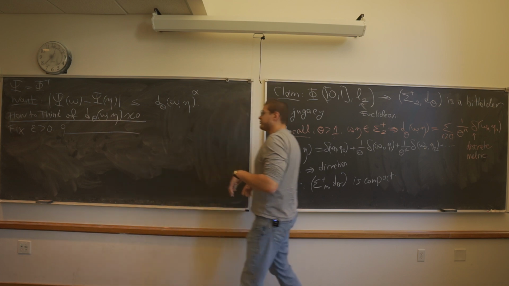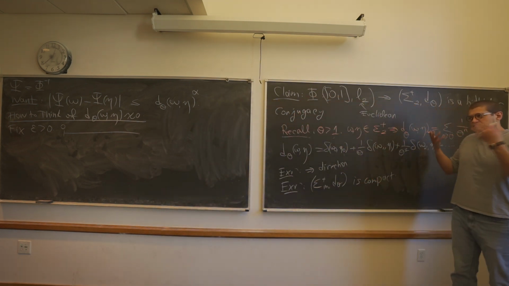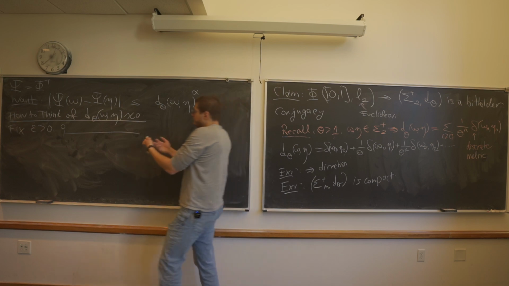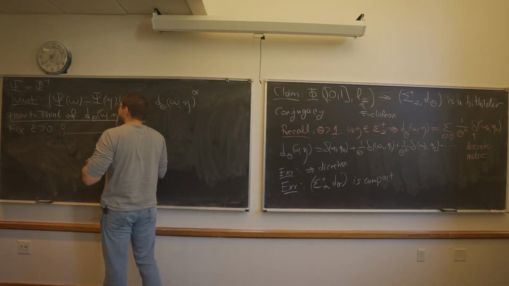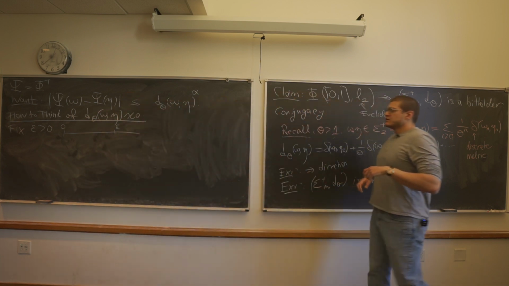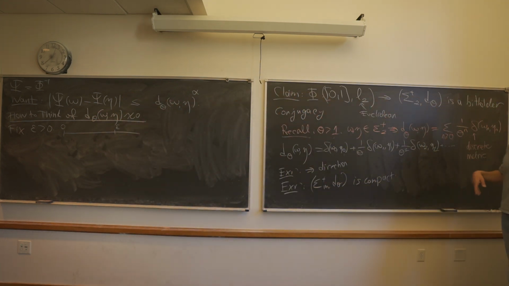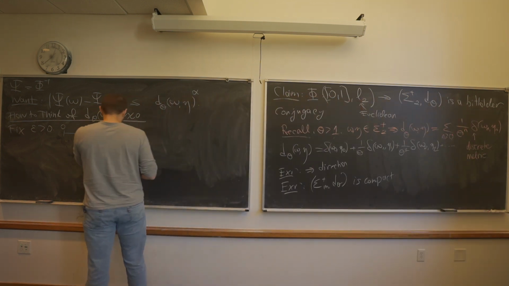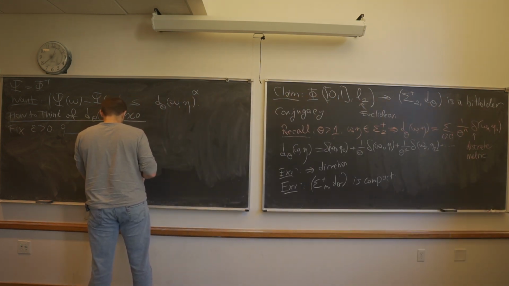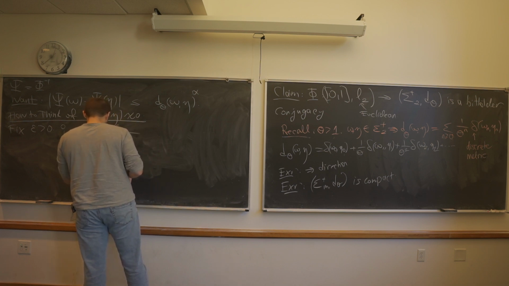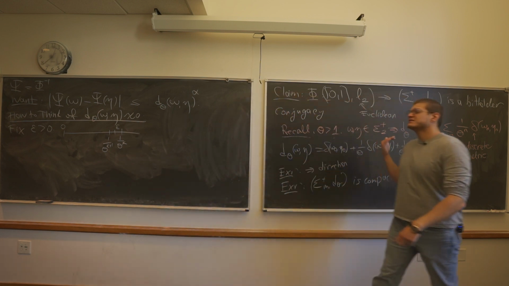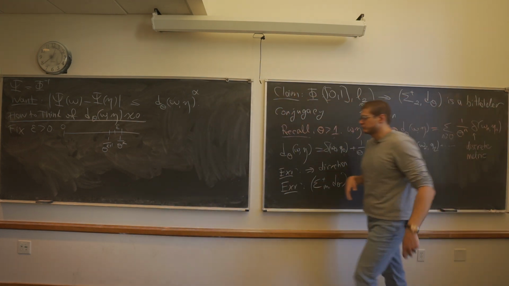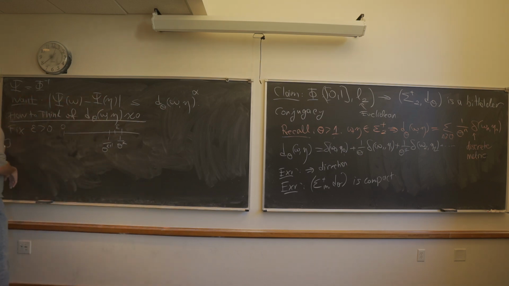So no matter what epsilon is, and I might as well assume that epsilon is less than 1, because I'm trying to understand what it means for two points to be close to each other, there's going to be some power, let's say k, such that 1 over theta to the k is going to be here, and then 1 over theta to the k plus 1 is going to be less than or equal to epsilon. So there is a unique integer k such that this happens.